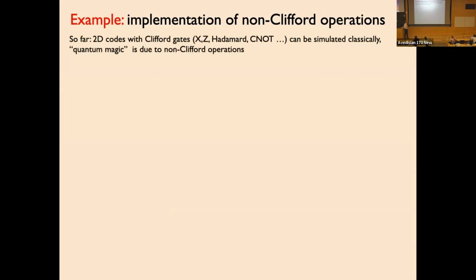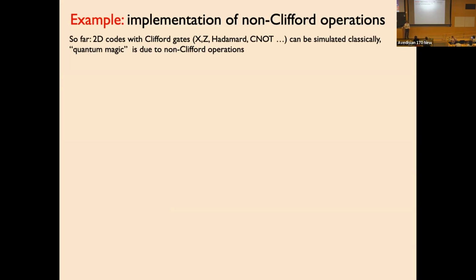It's about implementing non-Clifford operations. As was already mentioned in the discussion, non-Clifford operations are very important, because if you only have Clifford operations, you can simulate them by just looking at operator propagation, and understand the result of this quantum computation efficiently classically. So you need some non-Clifford gates. This is what's called quantum magic.